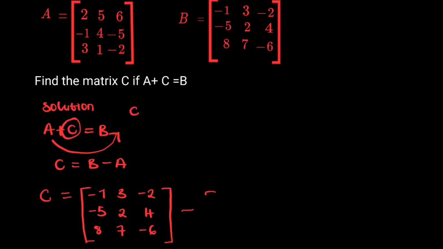Now minus our matrix A, which is 2, 5, 6, minus 1, 4, minus 5, 3, 1, minus 2.